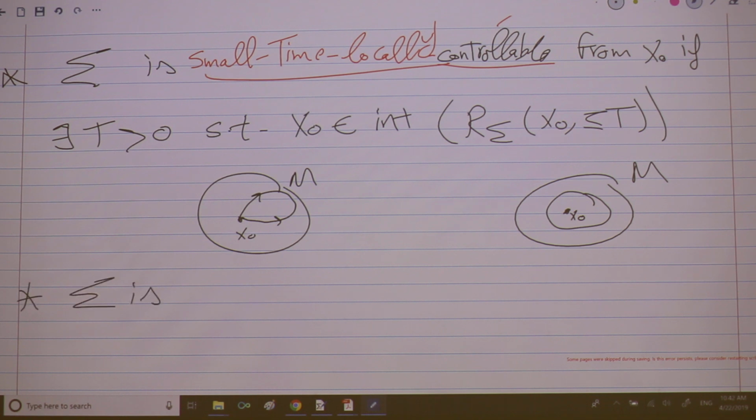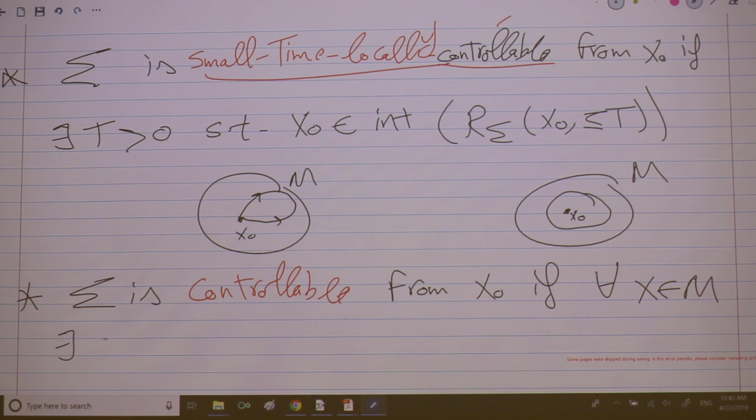Sigma is controllable from X naught. This is the definition that we are all aware of. From X naught, if for all X in M there exists some time such that X is in some reachable set of X naught and T, right?